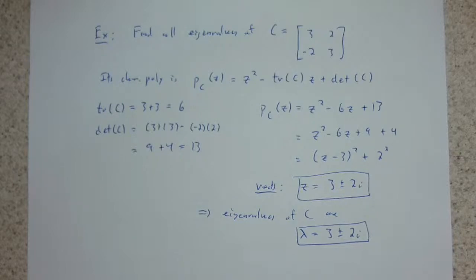And so now what do I want to do? Finding eigenvalues is as simple as finding roots of polynomials, right? Once you understand how to write down the characteristic polynomial, finding eigenvalues is just finding roots of that polynomial. So you are very well equipped to deal with that.